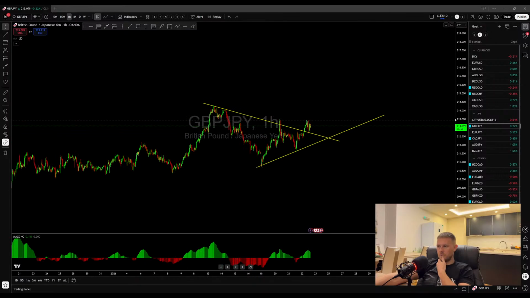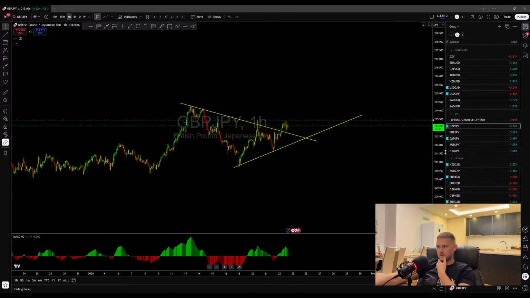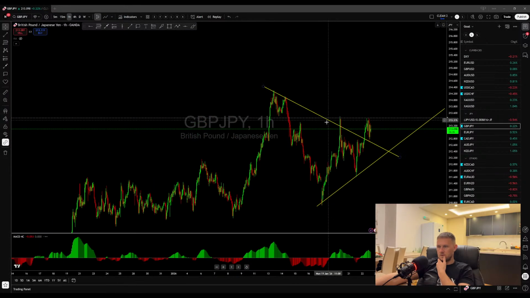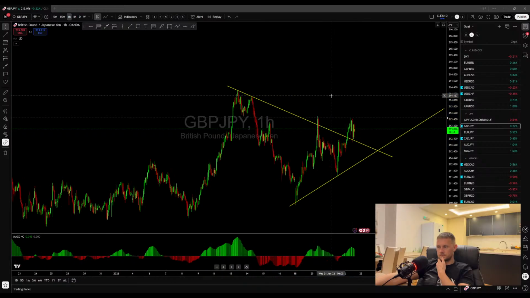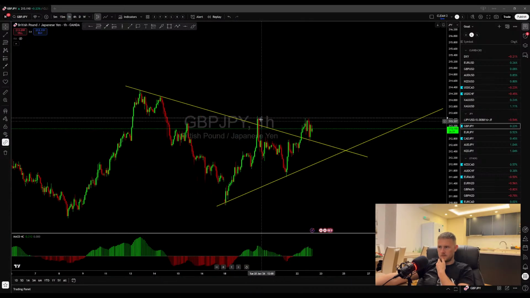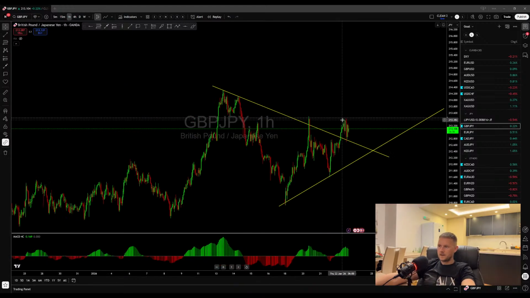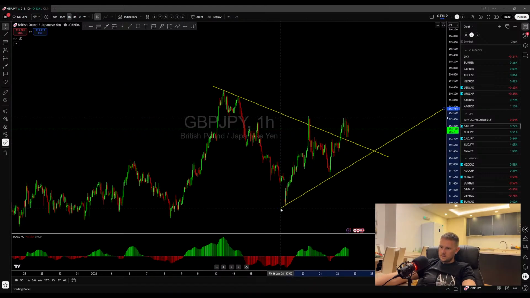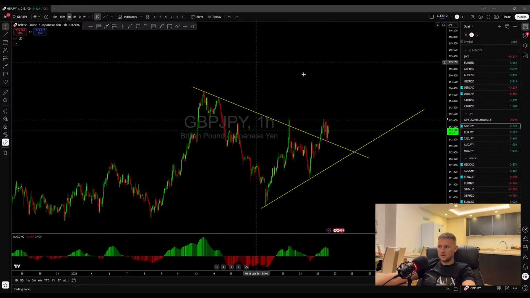So 1 hour. Tags went into the 1 to 3 pullback. Interesting one, let's say. It's going very slow. I wouldn't take a trade over there.